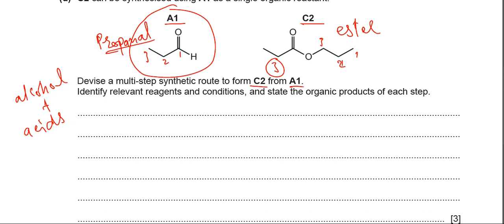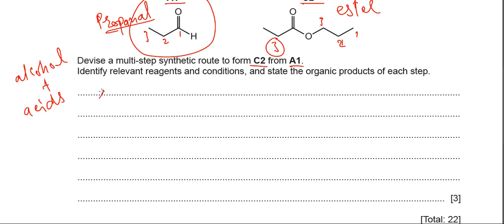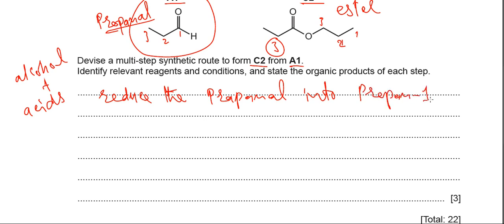First of all, reduce the propanal into propanol, as aldehydes can be reduced using NaBH4, sorry, NaBH4, not NaHB4.